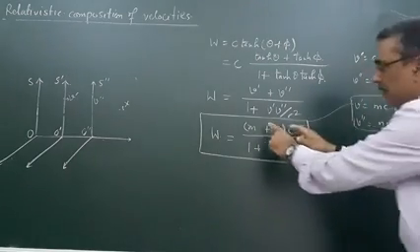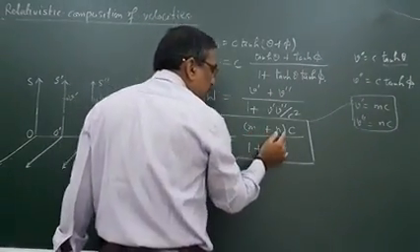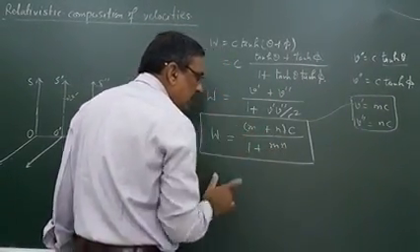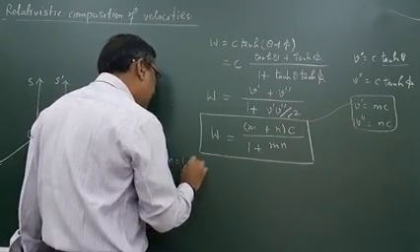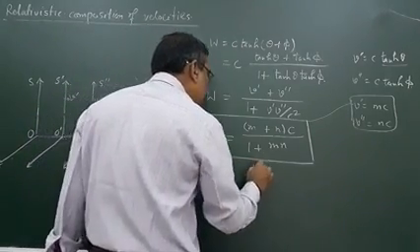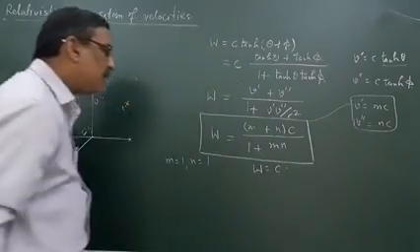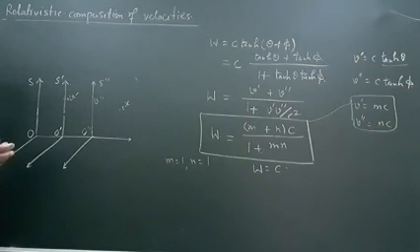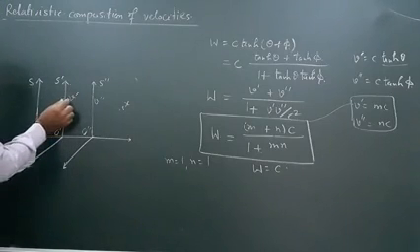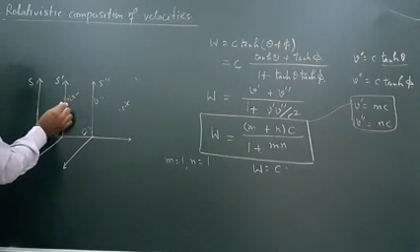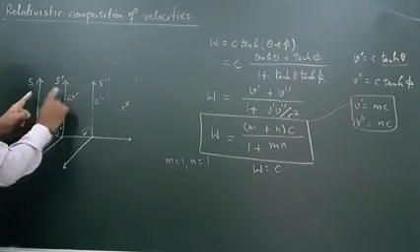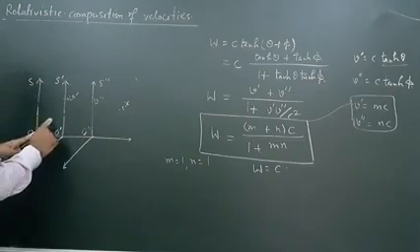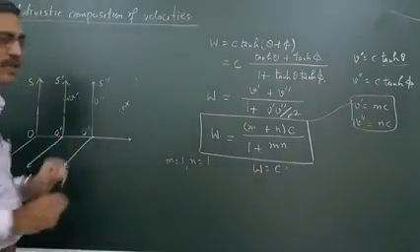Then what will this give? 1 plus 1 upon 1 plus 1, 2 cancels out, and w is equal to c. So if m is equal to 1 and n is equal to 1, then w is nothing but the velocity of light. So naturally this frame will move with respect to the first one with the velocity of light. This is all right.